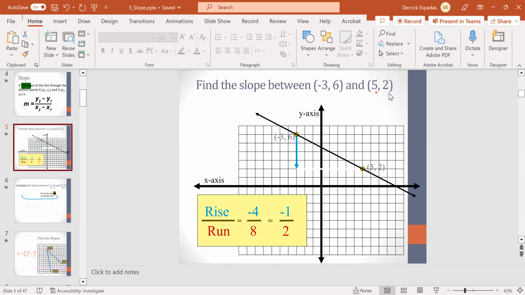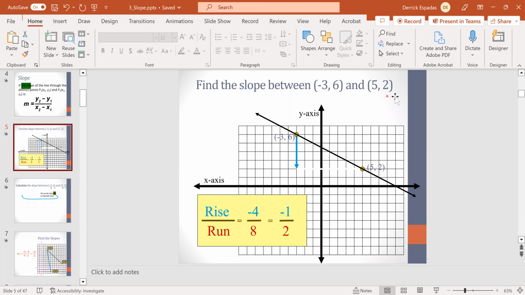So 2 minus 6... sorry, my bad. Then we take 5 minus -3, which is going to give us 8, so 8 is on the bottom.